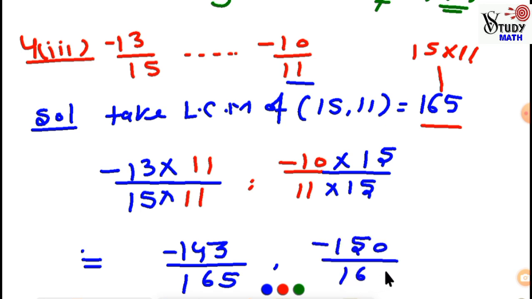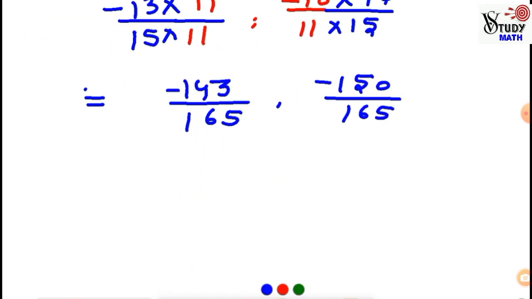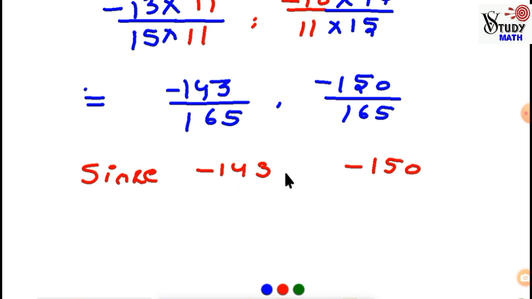My dear students, you can see clearly that negative 143 and negative 150 are both negative, and in negative, the smaller value will be greater, so this is greater.